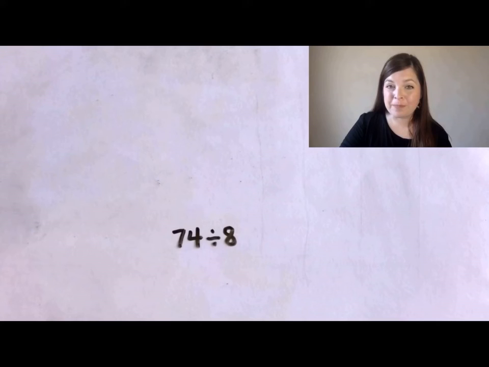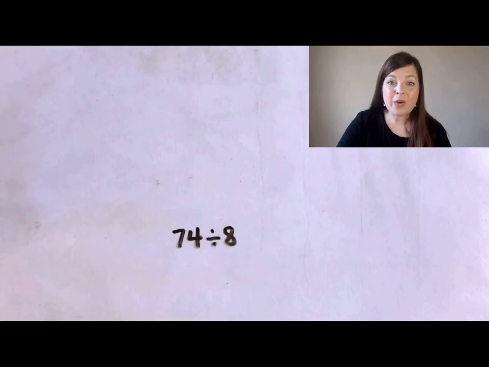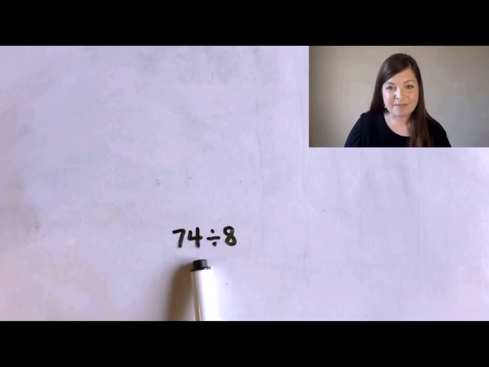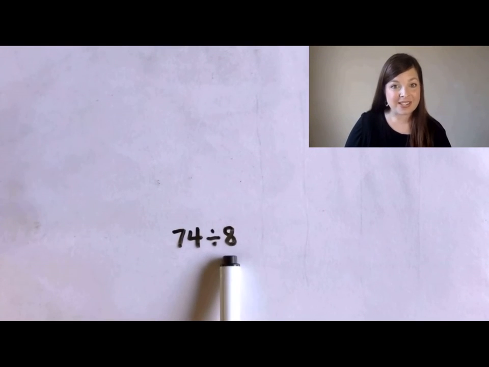Let's try another problem, but this time we're going to solve it a little bit differently. Sometimes when we need to divide a number into equal groups, we don't have to use long division. We can use mental math because sometimes that can be more efficient. For example, look at this expression, 74 divided by 8. If I use my basic facts, I know that 74 is not going to divide equally by 8.